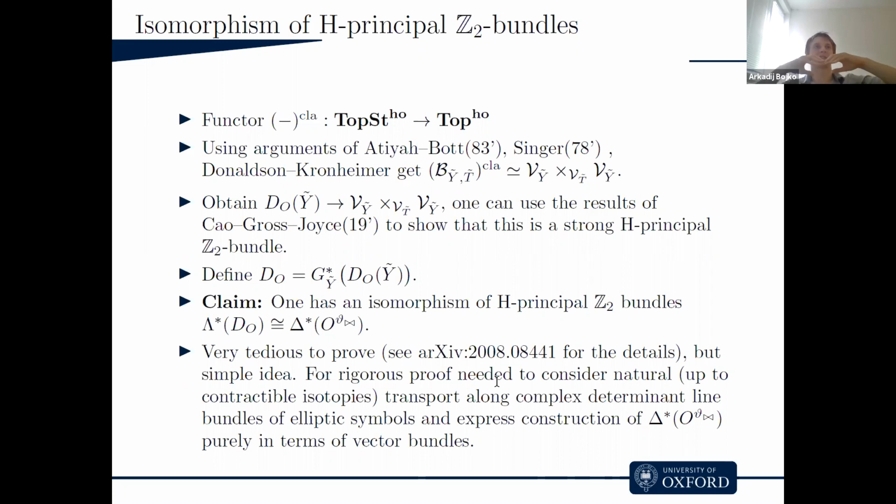One has to express it using resolutions purely in terms of vector bundles, and then play around with the differential geometric side and the algebraic geometric side to show that the real structure used to construct the Z2 bundles has a natural isotopy between them, which gives you a natural isomorphism of Z2 bundles. And then one can also check that this is really an isomorphism of strong H principal Z2 bundles.